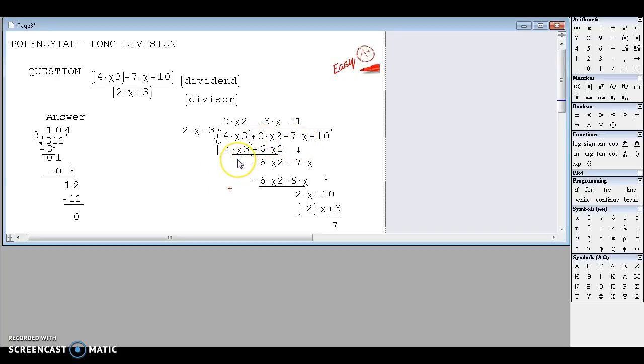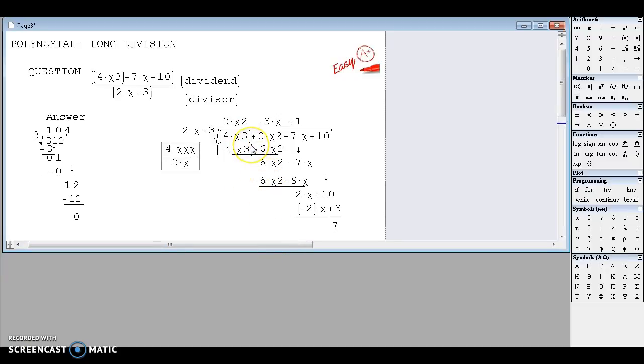Okay, moving on. So we want to do it term by term. How many times can 2x go into 4x cubed? Now, if you are not really good with dividing algebra, you can always use your worksheet, and you can always do it the long way. So you know that 4x cubed is the same thing as 4 times x times x times x, all divided by this 2x right here. 2 into 4 goes 2 times, right?